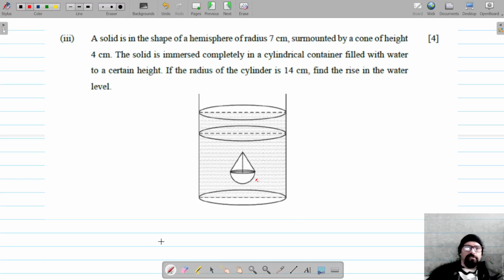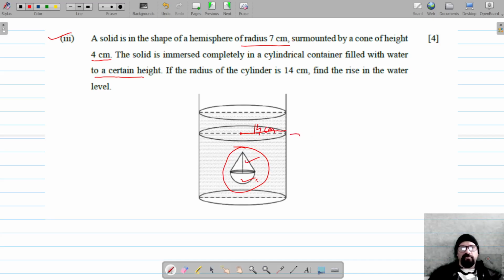Okay, for the third part, a solid is in the shape of a hemisphere of radius 7 centimeter, surmounted by a cone. This is the cone, this is the hemisphere, and they have the same radius, and the cone's height is 4 centimeter. The solid is immersed completely in a cylindrical container filled with water to a certain height. And if the radius of this cylinder is 14 centimeter, we have to find the rise in level.